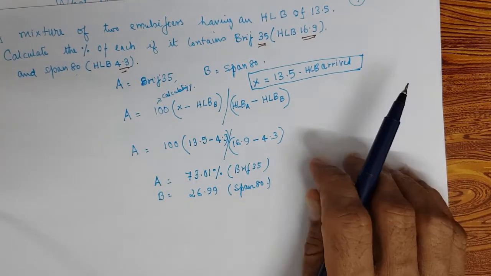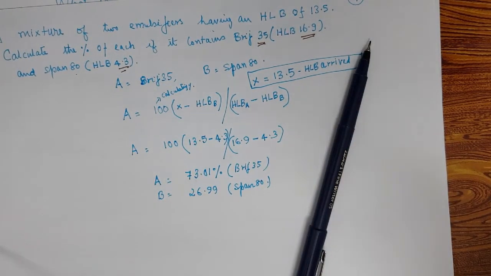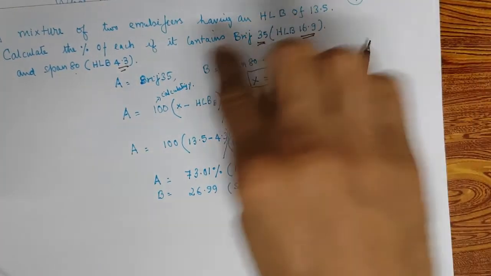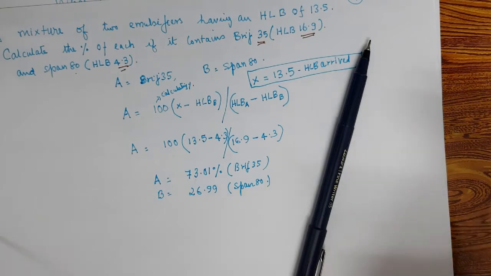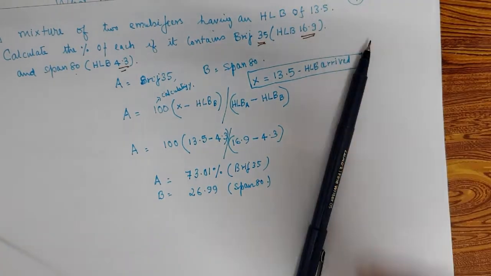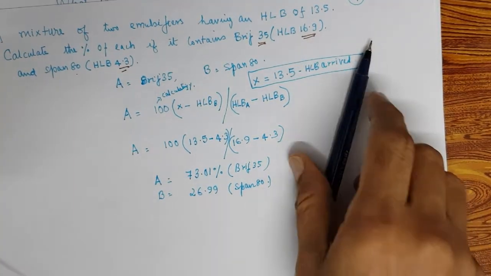You understood? I have a product where I mixed an emulsifier Brij 35 and Span 80, and the HLB of the product is 13.5, right? If these are the HLBs, in what ratio can I use them to get that 13.5 HLB?